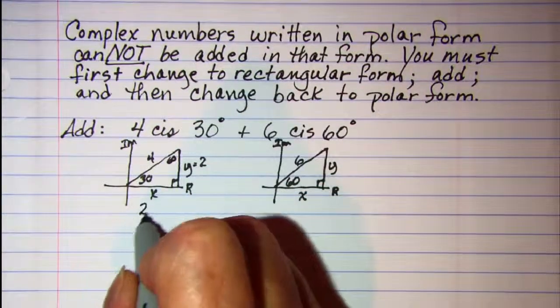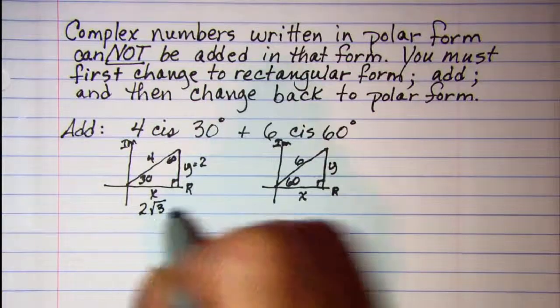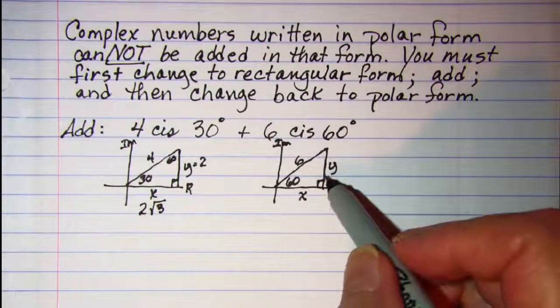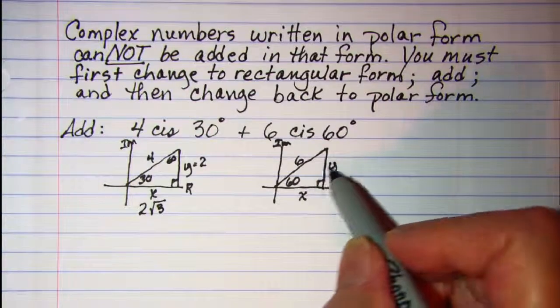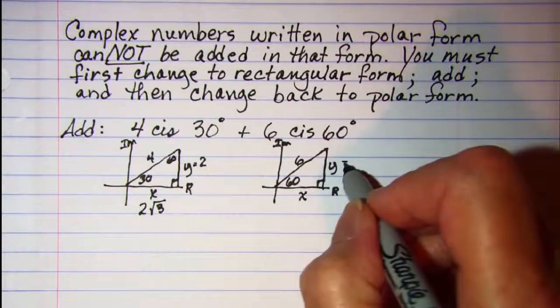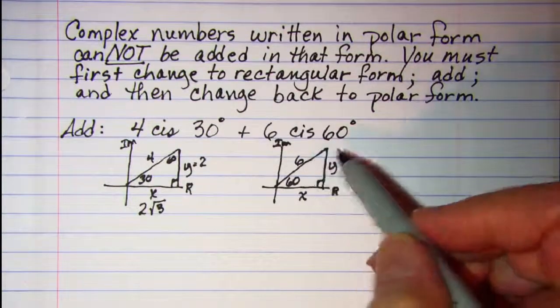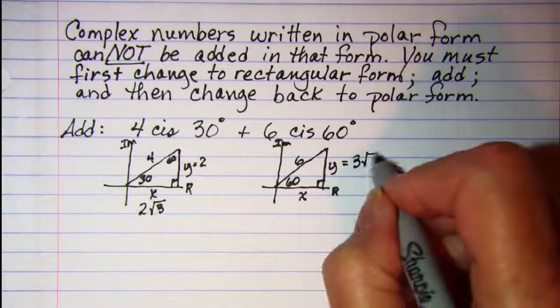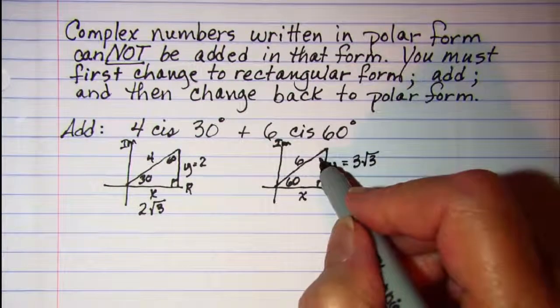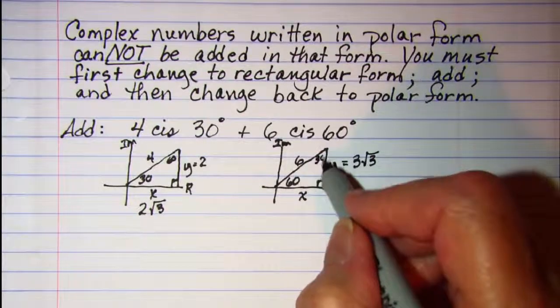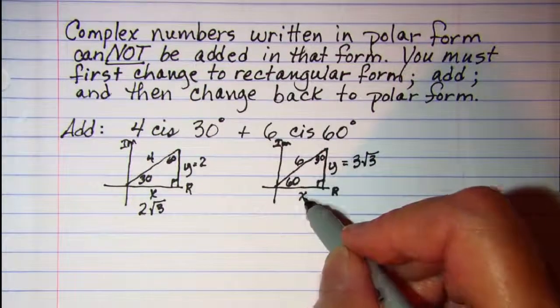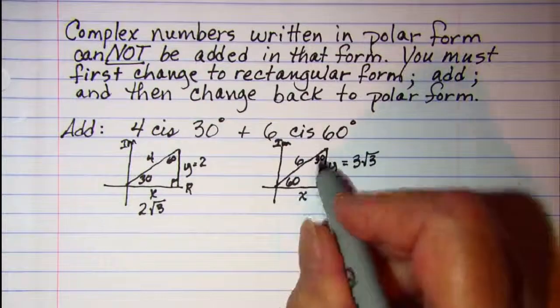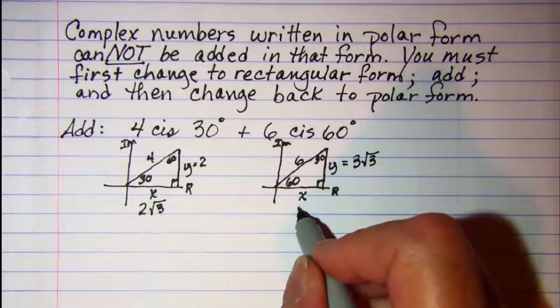So that'll be 2 root 3. On this one, the side opposite the 60 is half the hypotenuse times the square root of 3. And that'll be 3 root 3. And then this is my 30-degree angle. Half the hypotenuse will be the value for my x here.